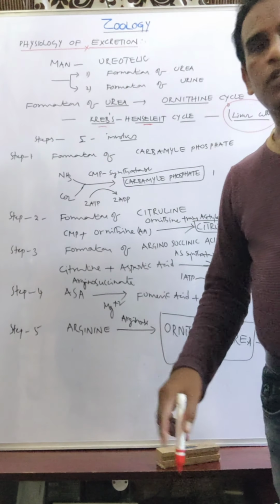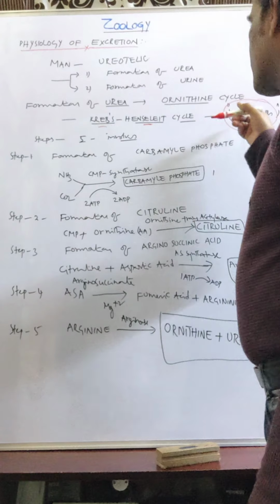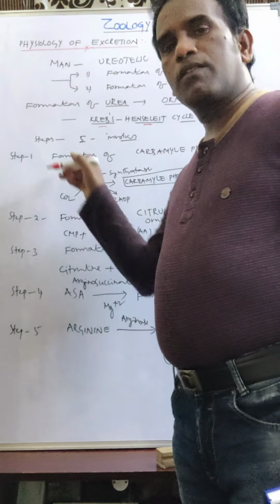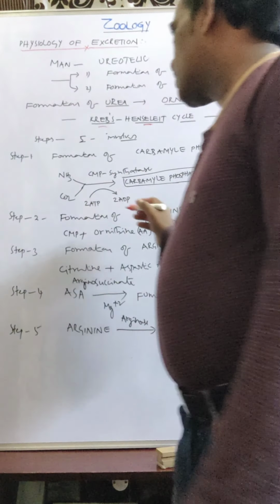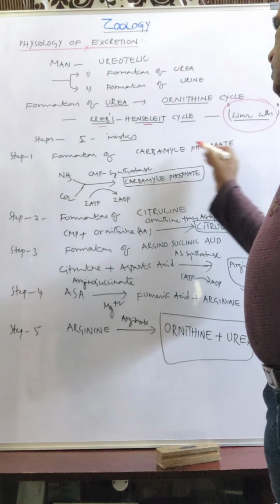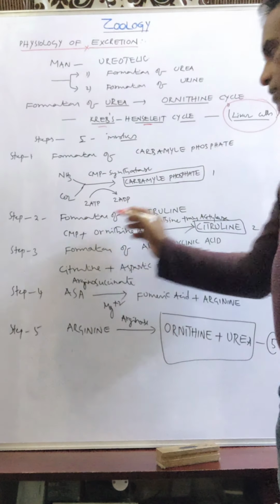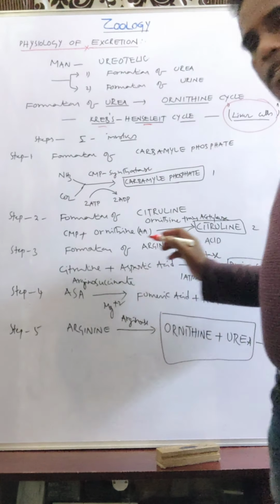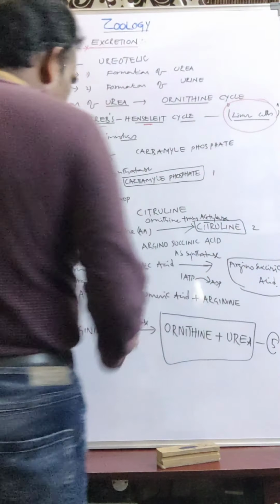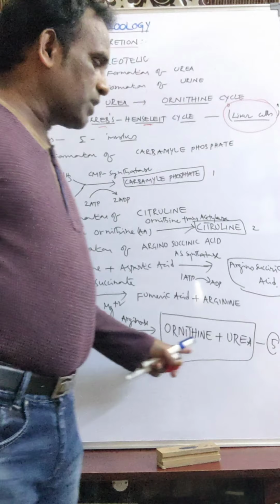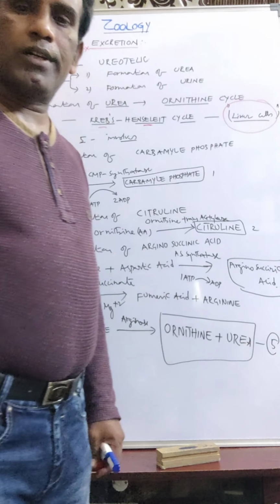In honor of them, it is also known as the Krebs-Henseleit cycle or ornithine cycle, which involves 5 steps. The first step is formation of carbamyl phosphate. Second is formation of citrulline. Third is formation of arginosuccinic acid. The fourth is formation of arginine. The fifth is formation of urea and ornithine.